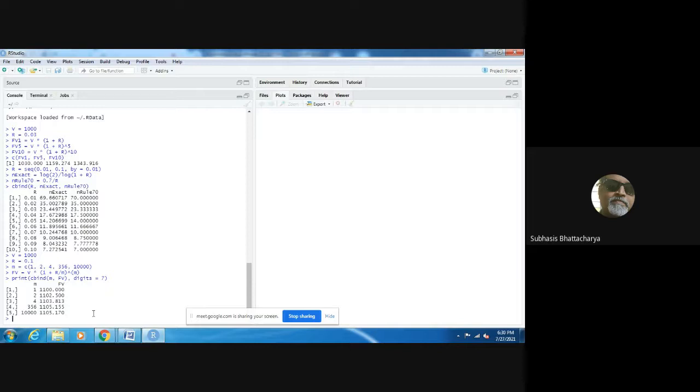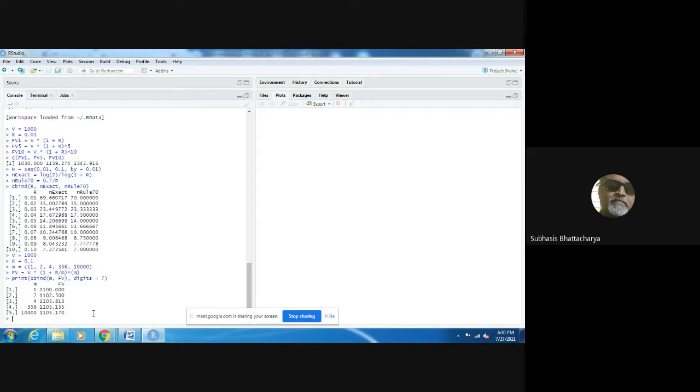Annually, it becomes 1,100, if biannual, it becomes 1,102.5, if quarterly, then it is 1103.813.